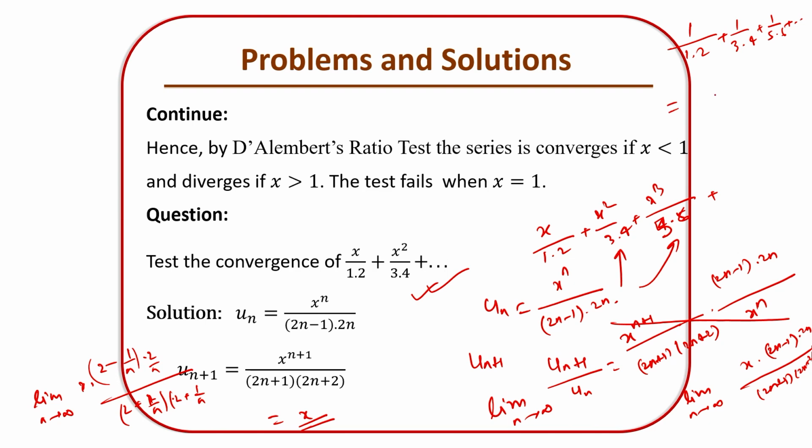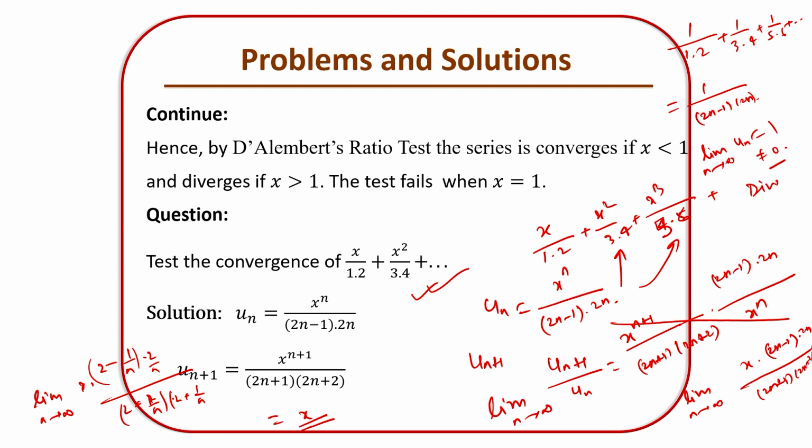So it can be written as 1 divided by (2n minus 1) into 2n. So that will be the series, and if you find the limit value of this, limit n tends to infinity, the whole series u_n is going to be 1, which is not equal to 0. That means obviously this series is not convergent.